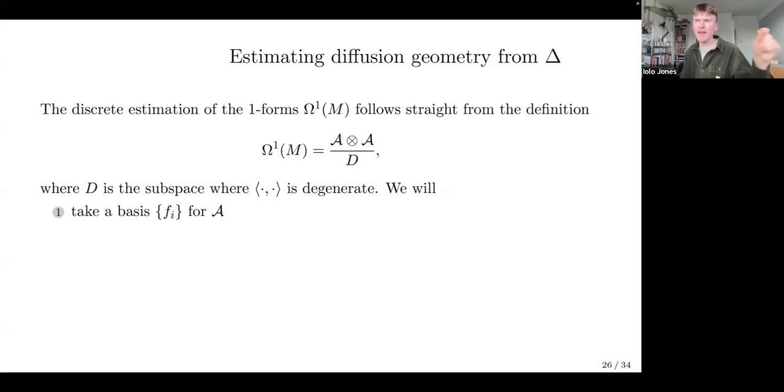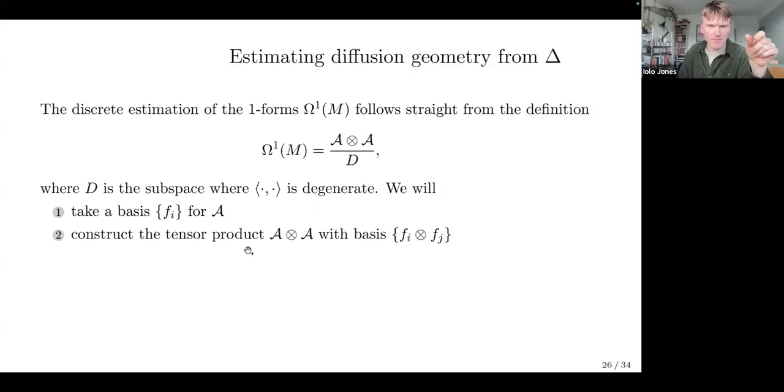So the ith basis element refers to the function that is 1 on the ith vertex and 0 on the others. That's one example of a function basis that you could take, but you could also take other ones. I'm actually taking a different one in this, but it's slightly arbitrary. The point is just that you pick any basis of your function space.